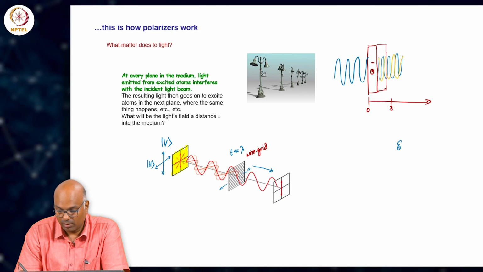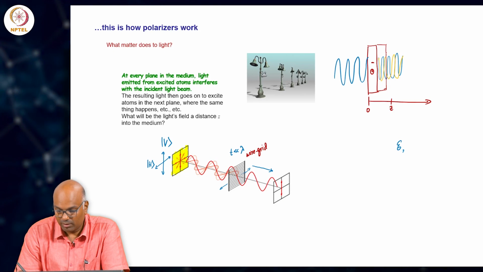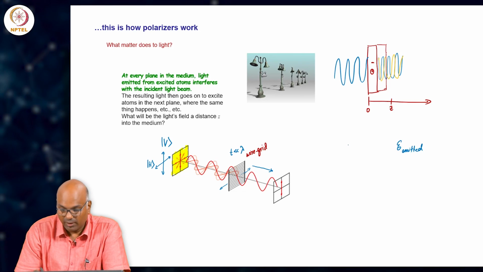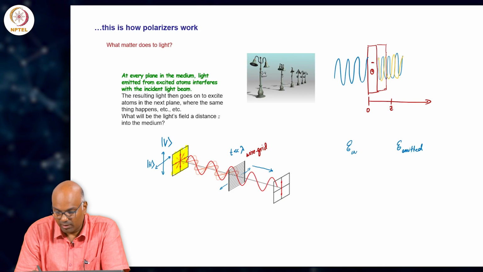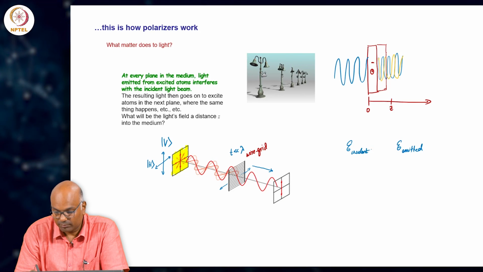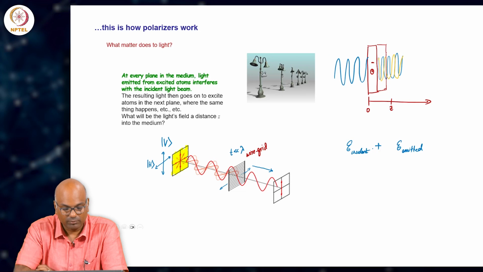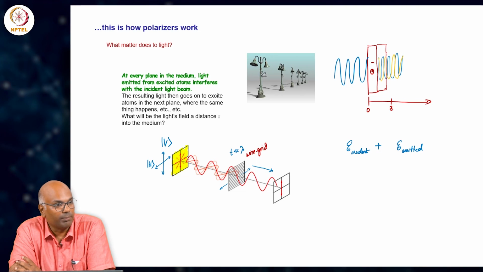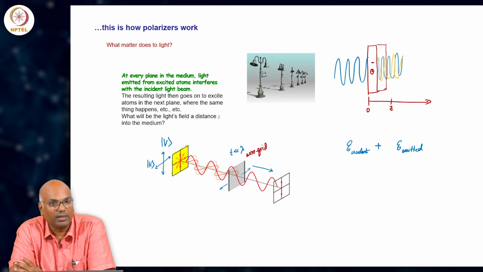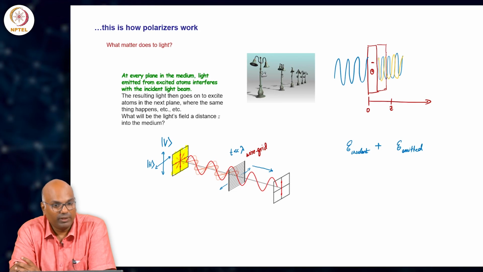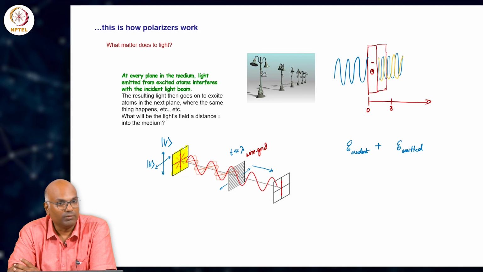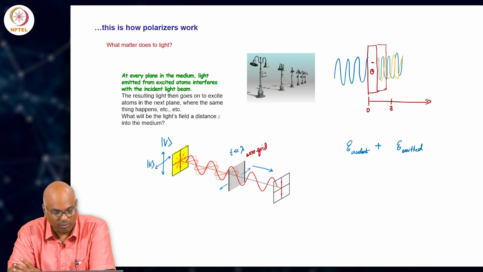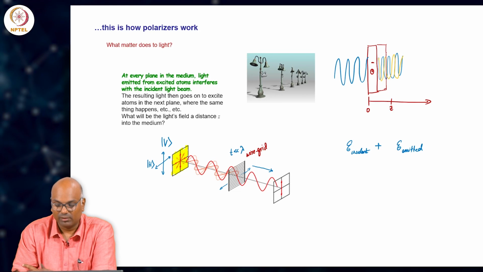So, there is an E emitted, there is an incident wave E incident. These two are out of phase by pi as we discussed, and they cancel each other out, whereas there is no oscillation in the vertical direction. There is no electron oscillation in the vertical direction. That component goes through unhindered.